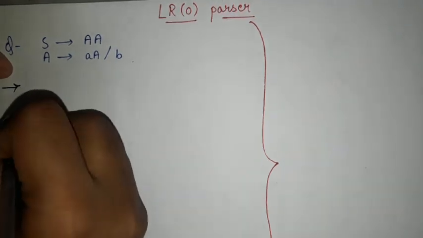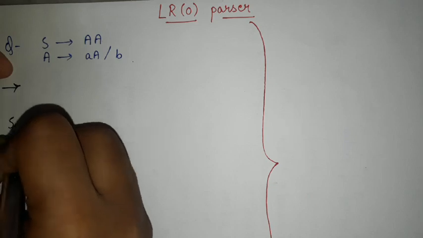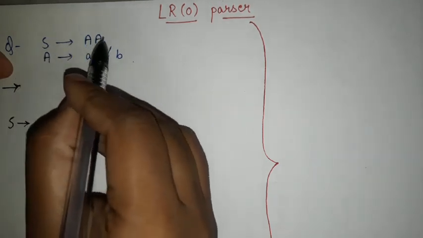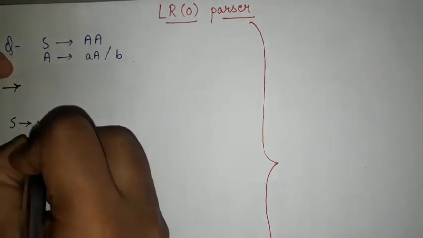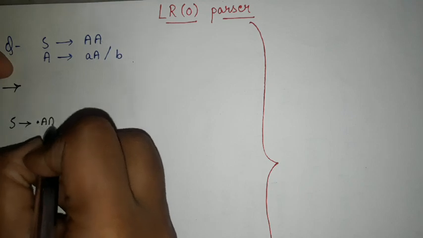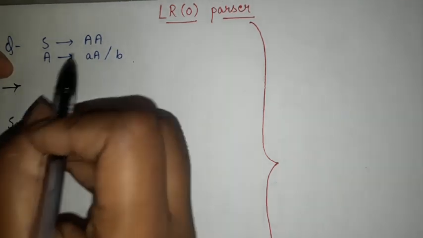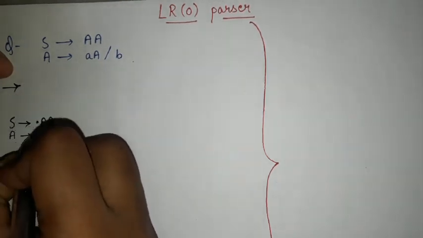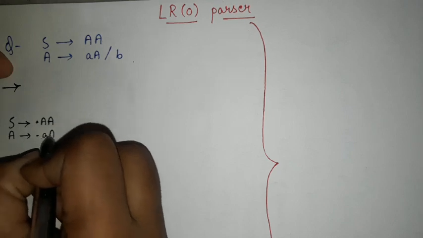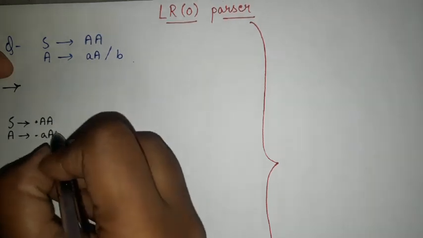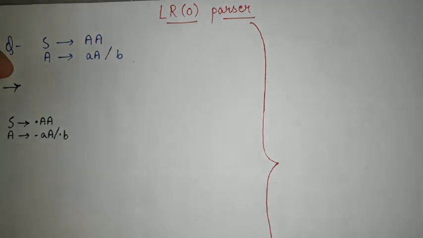Let's start from here. I'll write S gives AA, but we will write it as S gives dot AA. Similarly, A gives dot small a and let me write it together, A gives dot B.